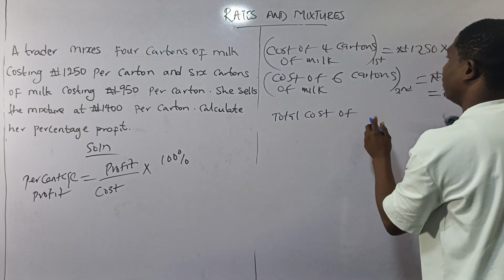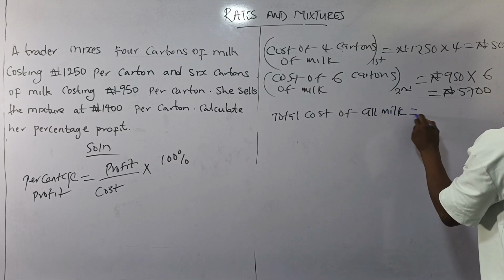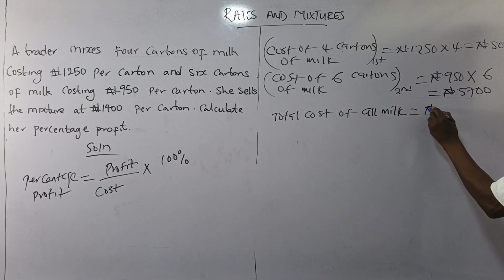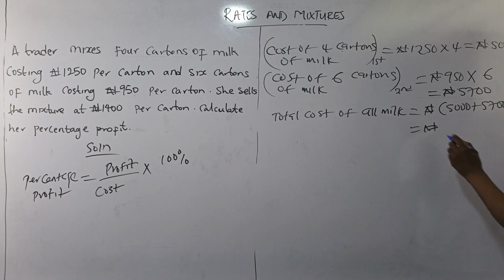Now, the total cost of all milk will be equal to, in naira, 5,000 plus 5,700, and that will give me 10,700 naira.